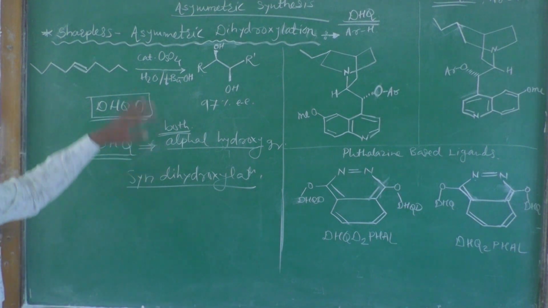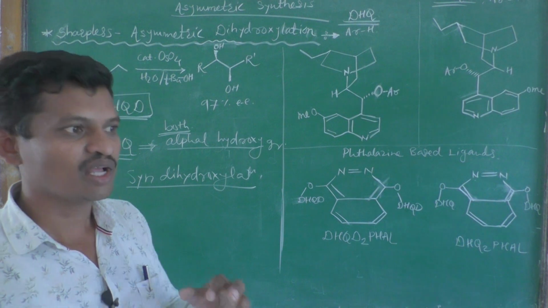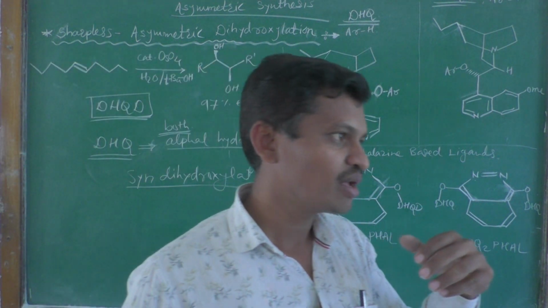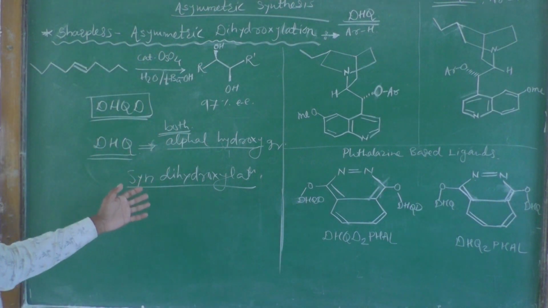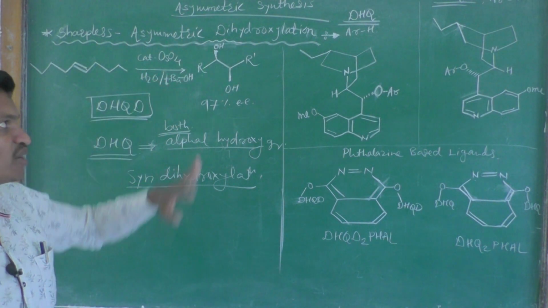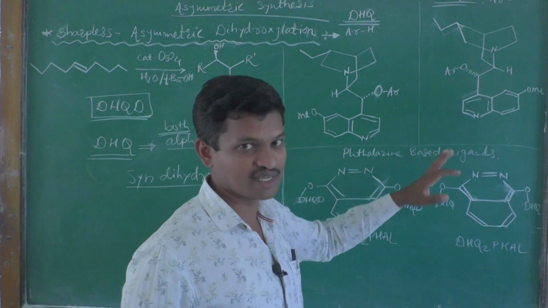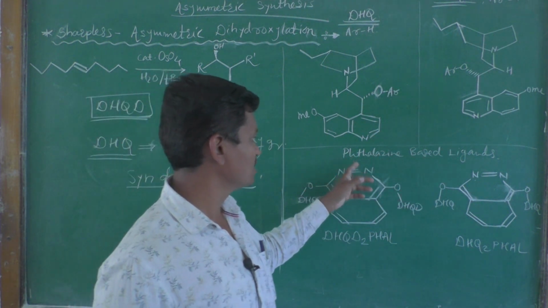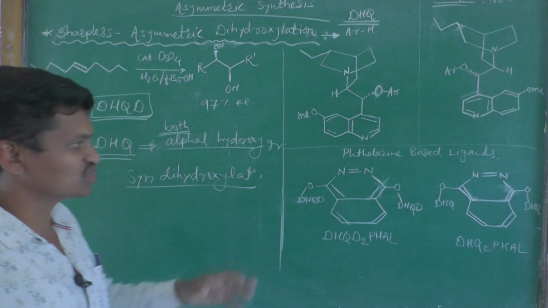And why is it called asymmetric dihydroxylation? Because we are getting one stereoisomer in a very high proportion as compared to the other, so such a reaction is called asymmetric dihydroxylation using chiral phthalazine based ligands. And the phthalazine based ligands are generally DHQD and DHQ.